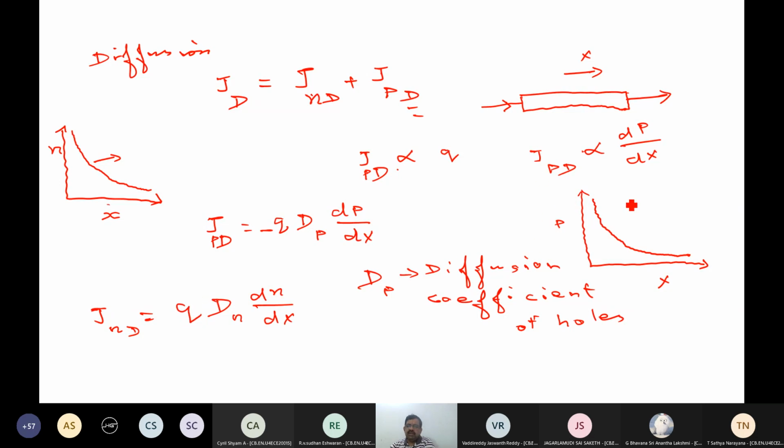So from here we can say that the holes will move in this direction, this is my hole motion, and because a hole is a positive charge, the direction of the conventional current is also along the direction of the movement of the positive charges, which means the hole diffusion current also moves in this direction. Now what about the electron?